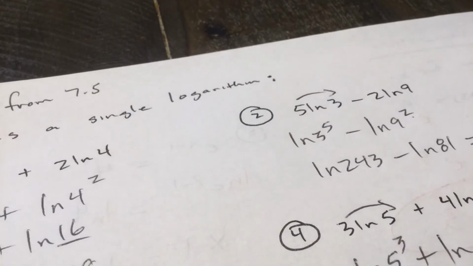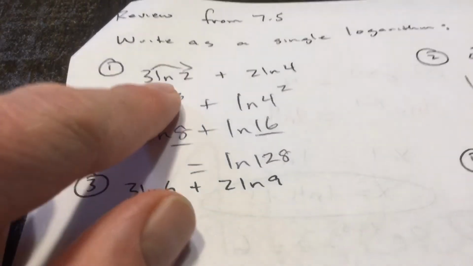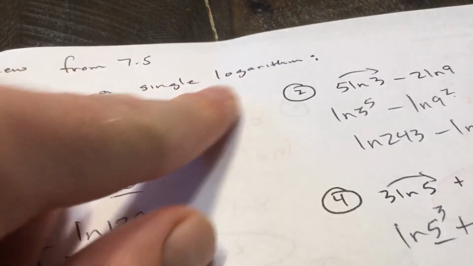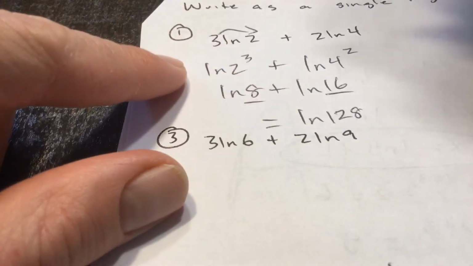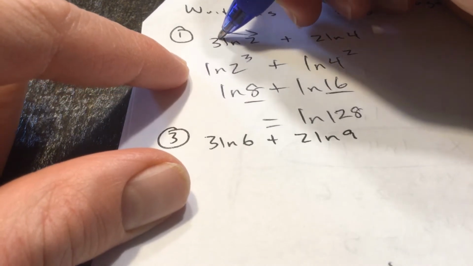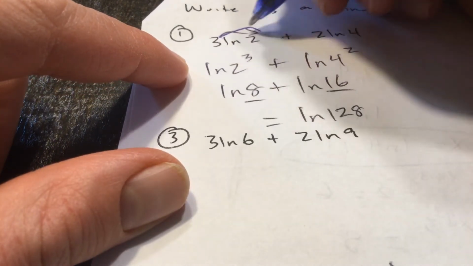Write as a single logarithm. All right, you guys are like, what do you mean? Natural log, it's the same rules. Natural log is just log base e. It's a special type of log. What you're going to do is the same thing. You're just going to write a number on the outside of a log or a natural log as an exponent.